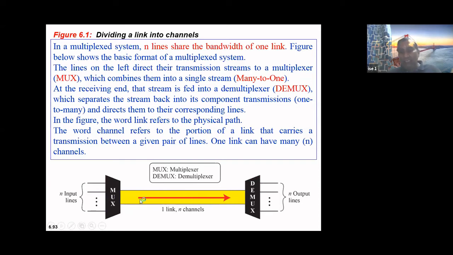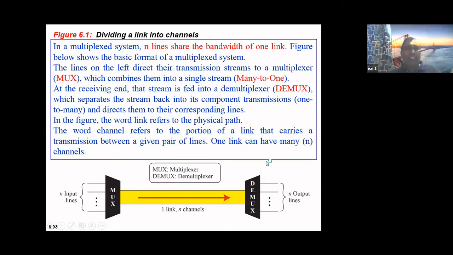All signals from all n input lines are combined and sent across only one single channel. Here at the demultiplexer end, the signals coming from this single channel are separated into n separate lines.